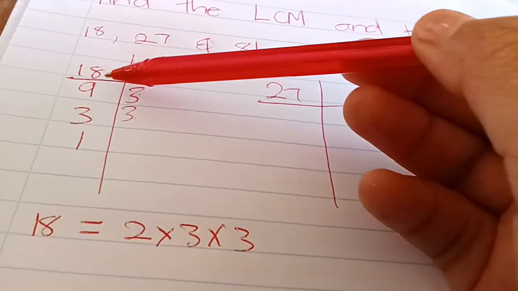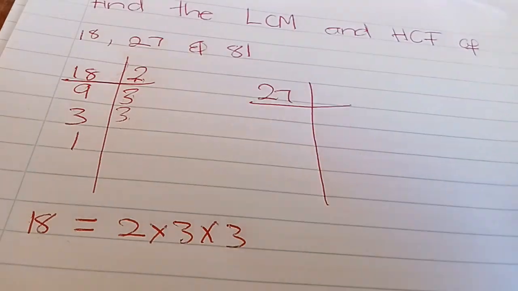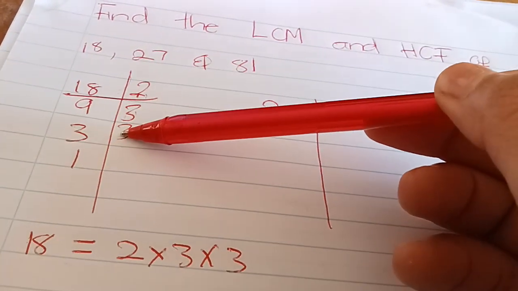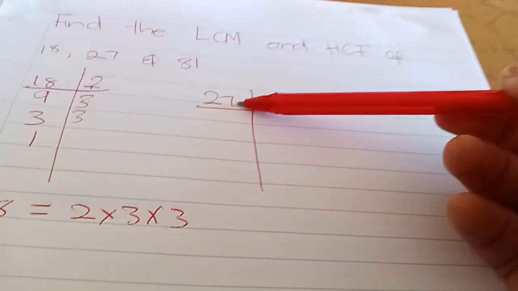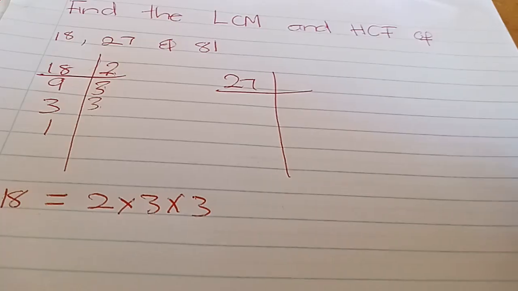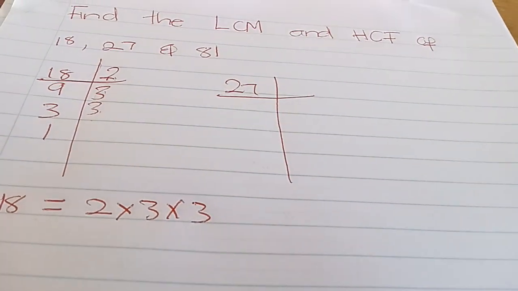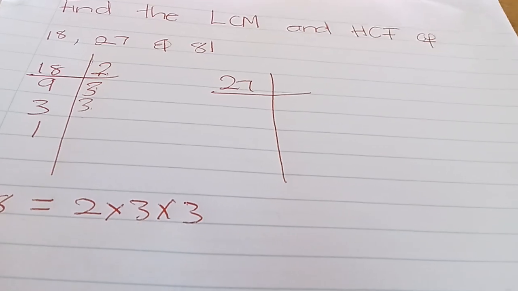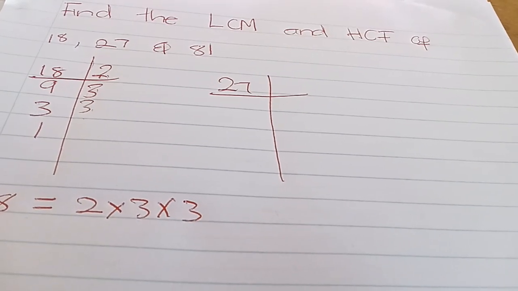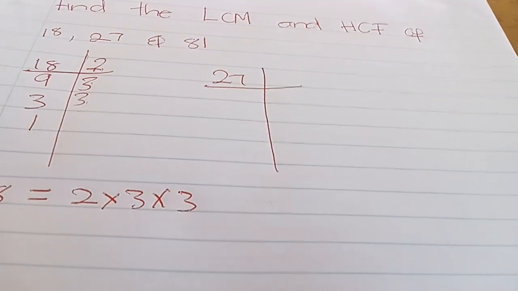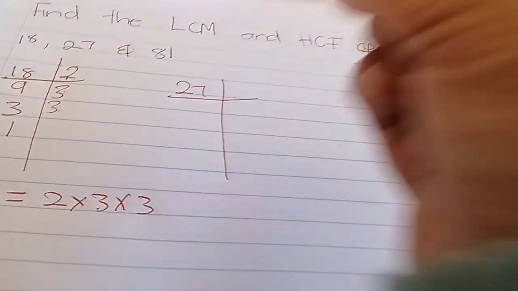We factorized 18 using prime numbers, and therefore the factors are what we call the prime factors. We are going to do the same with 27. We are going to factorize 27 using its prime numbers, because the factors we're looking for are not just any factors. We're looking for the prime factors of 27.